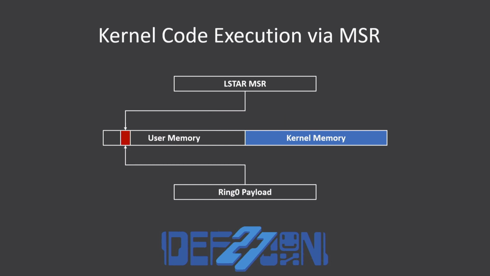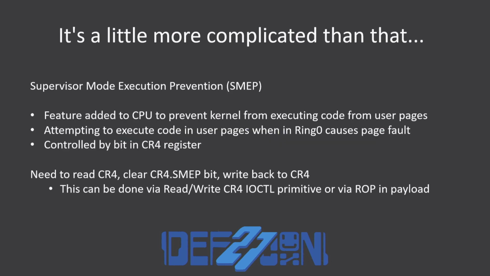So if you can write to LStar, we can basically allocate a buffer in user memory, and then the very next syscall that happens, it'll start executing from your pointer instead. But there are some complications to that. One of the features that I mentioned, supervisor mode execution prevention, is intended to stop this.